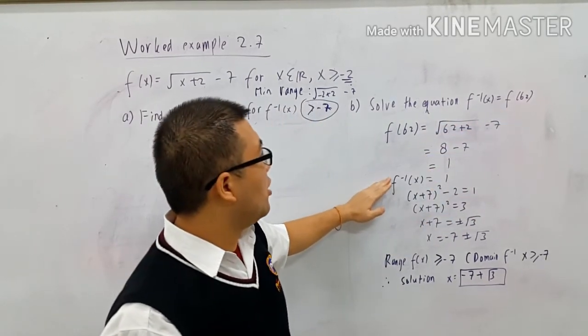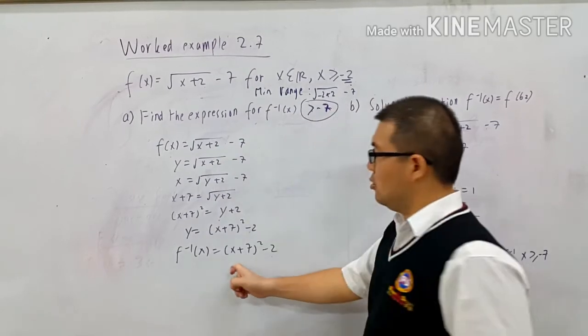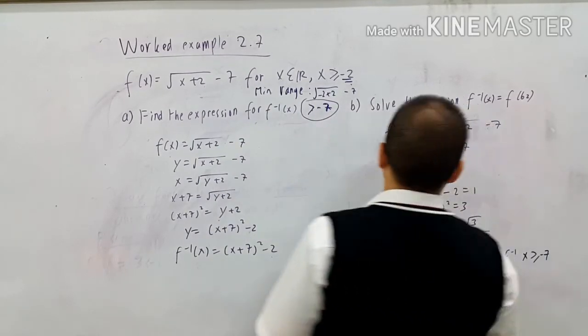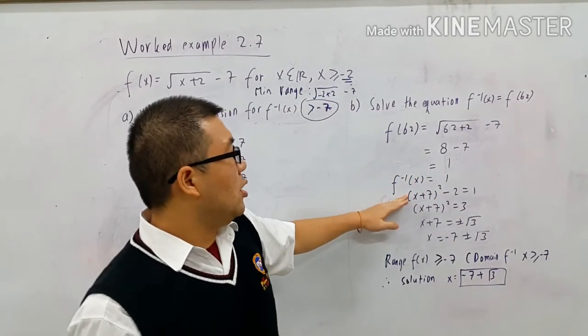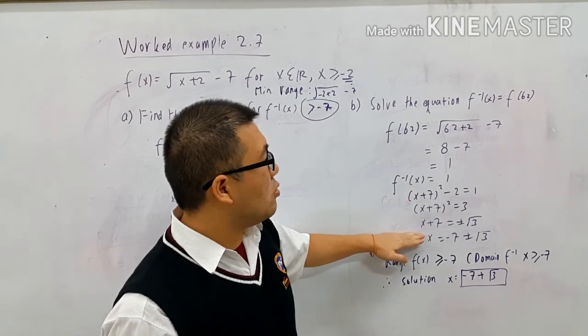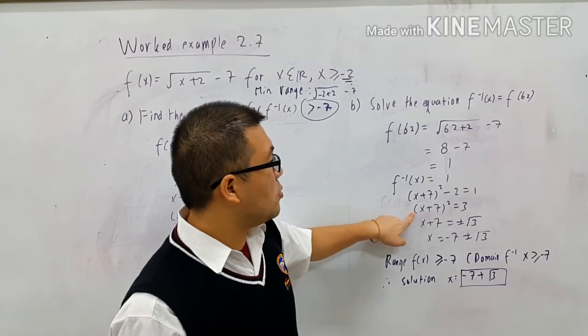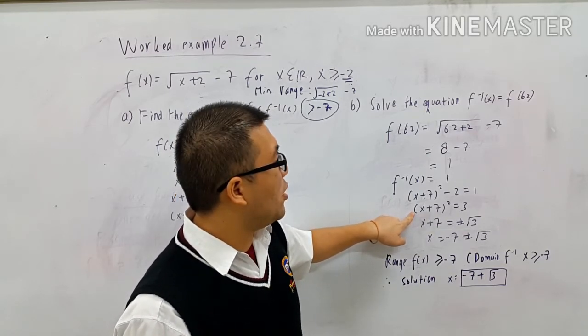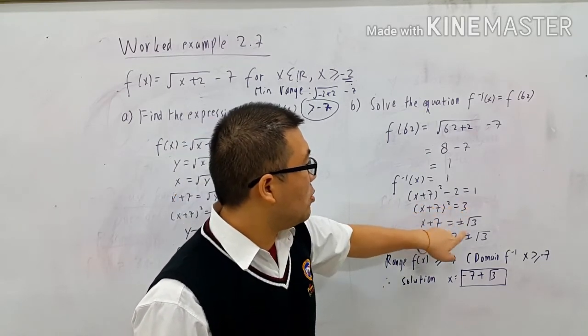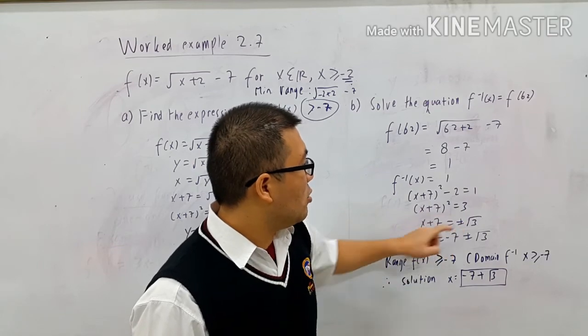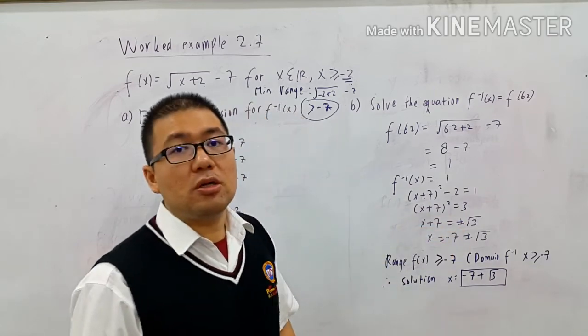Alright, so we rewrite f inverse of x to become (x plus 7) squared minus 2. I manipulate it, and I get x equals minus 7 plus or minus root 3. Why plus or minus? Because (x plus 7), the whole thing squared, when I want to find x, I need to root. When I root, it becomes plus or minus. Okay, that's why our x is minus 7 plus or minus root 3.